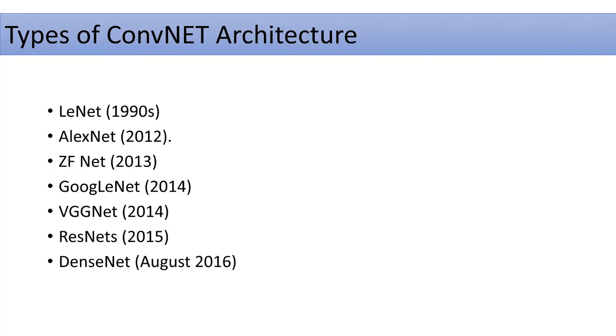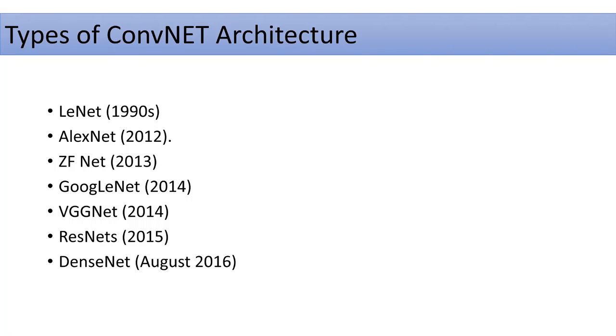Its main contribution was the development of an inception module that dramatically reduced the number of parameters in the network. GoogleNet has around 4 million parameters compared to AlexNet, which has around 60 million parameters.